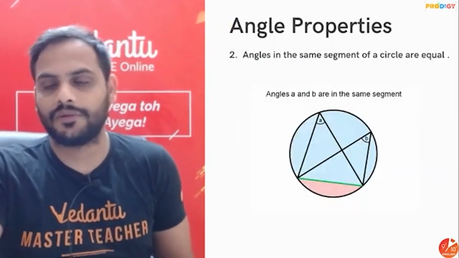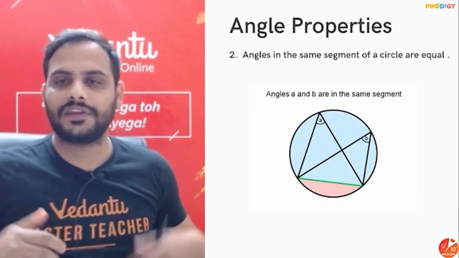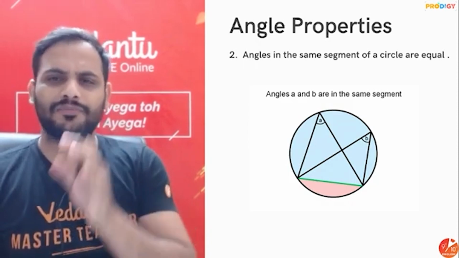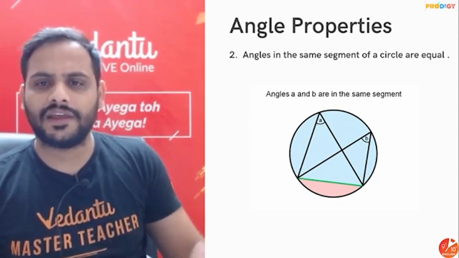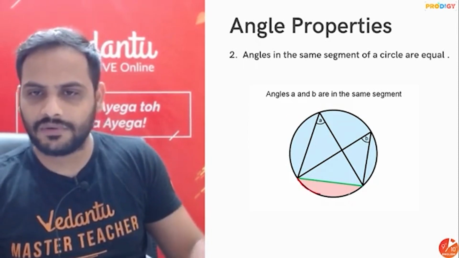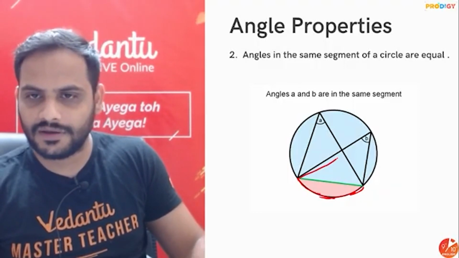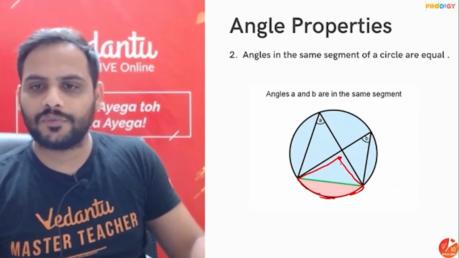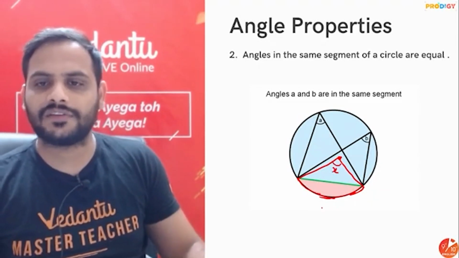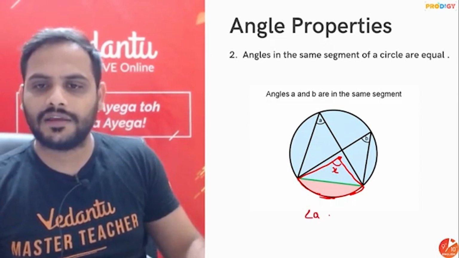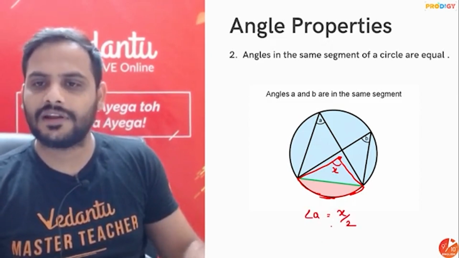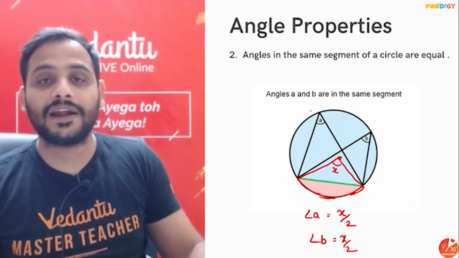It is a very important property. Then the second one: angles in the same segment are equal. Its proof is very easy. Suppose this arc subtends some angle at the center, let's say x degrees. Then angle A will be half of this central angle, and angle B will also be half of the central angle, anywhere in the remaining part I pick.